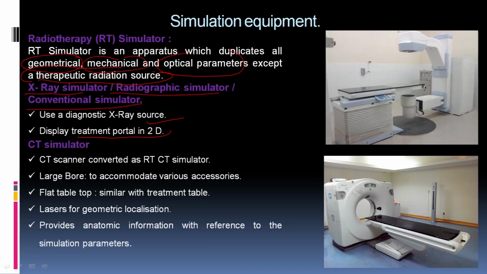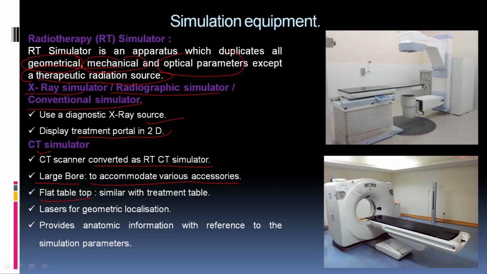Now in a CT simulator, a CT scanner is converted to a radiotherapy CT simulator, but there are differences in two or three points from the diagnostic CT scanner. In the CT simulator, we have a large bore which is needed to accommodate the various kinds of accessories we use for treatment of cancer patients. We need a flat tabletop, because our treatment machine couch is flat.